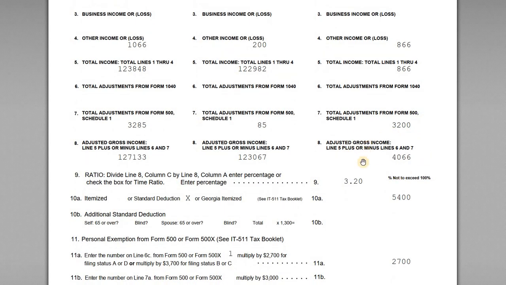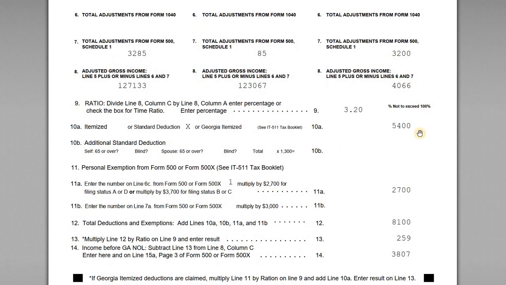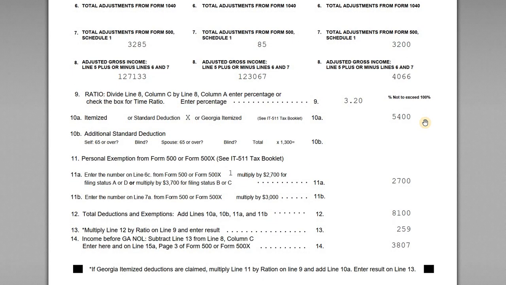So our adjusted gross income from Georgia sources is $4,066. All right. So now that's important because we need to figure out what is the ratio of that adjusted gross income to the total? And that's what we use to prorate the amount of deductions that we're going to be able to claim.